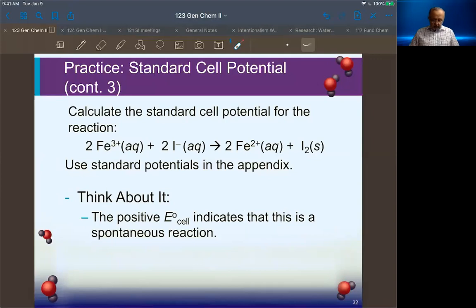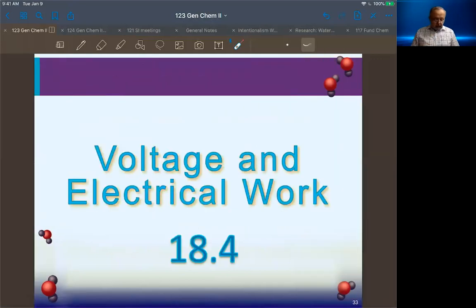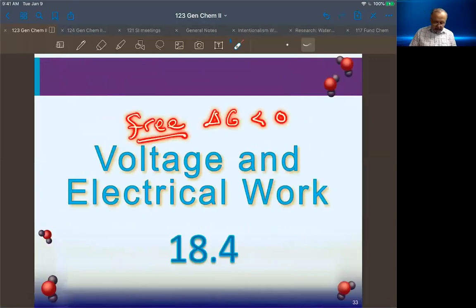Okay, so let's look now at voltage and electrical work. Remember that a spontaneous reaction has a delta G that is going to be less than 0, and that's called free energy. It's called free energy because we can harvest that energy and use the electric energy coming out from the reaction.